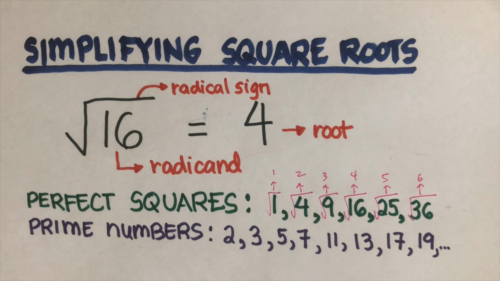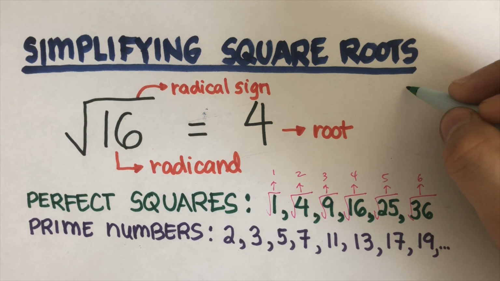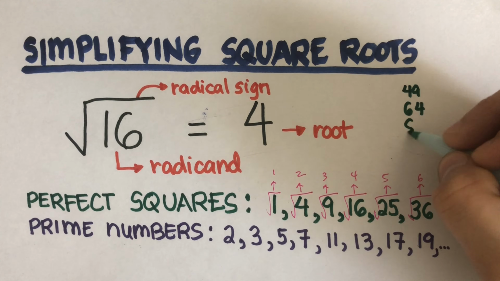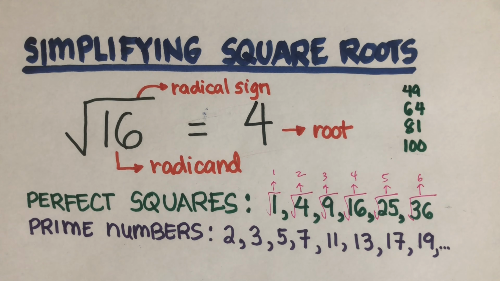So we can actually get a long list of these numbers. We can add some more, like 49, 64, 81, and 100. These are the first few perfect squares.